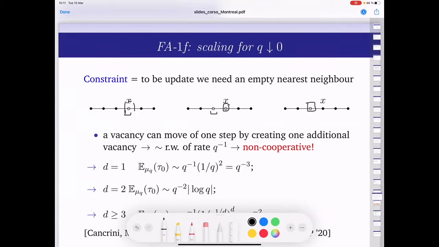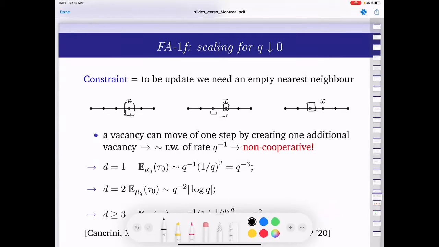So here the behavior is very different from the East model, thanks to the fact that I can benefit from having induced an empty site on my left. Now, roughly, what is the motion in the regime of small q? Essentially the motion is driven by the fact that a single vacancy can move one step by creating an additional vacancy.